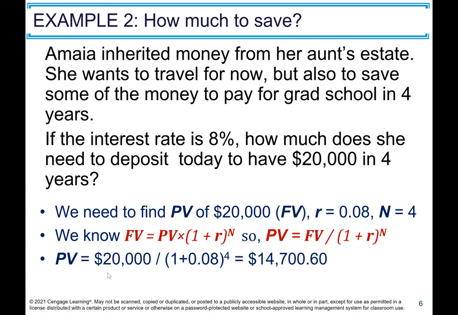So present value is therefore 20,000 over (1 plus 0.08) raised to 4, which is equal to $14,700.60.